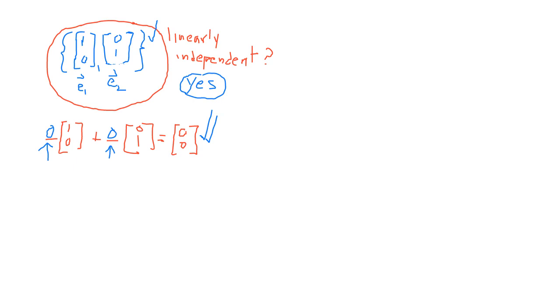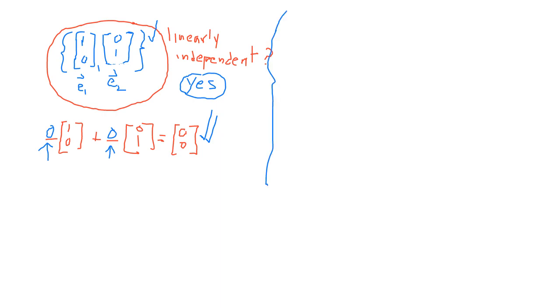When you have vectors that span a space and the vectors are linearly independent, that forms a basis for the space. That's something we'll get to later on.